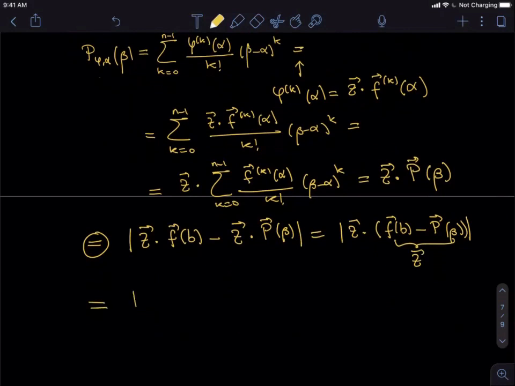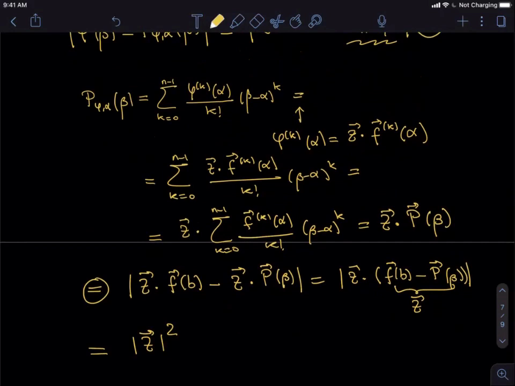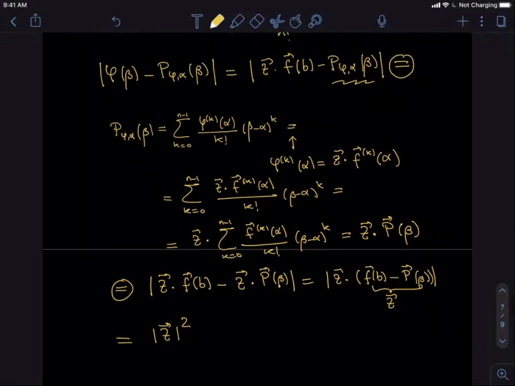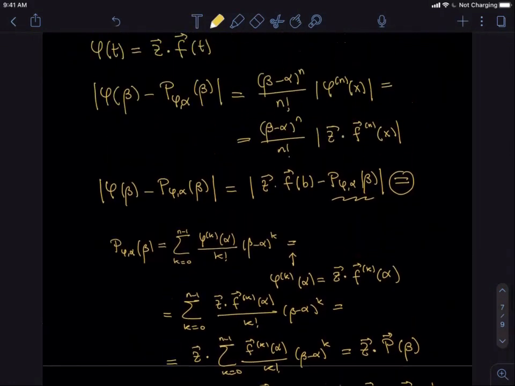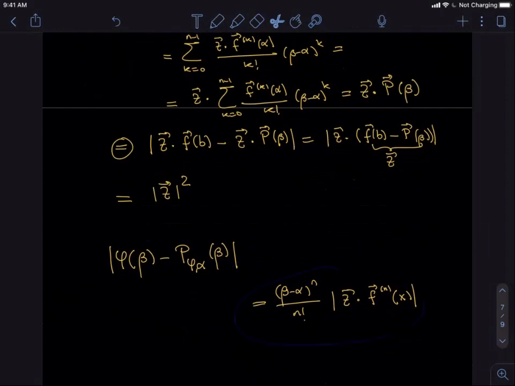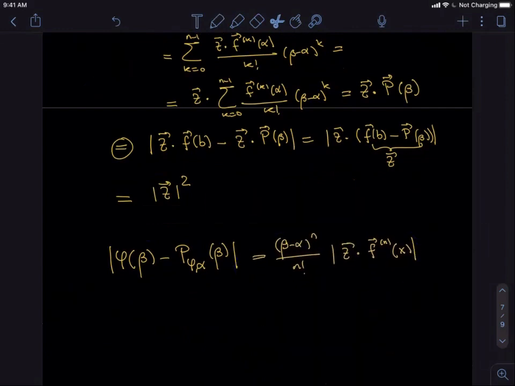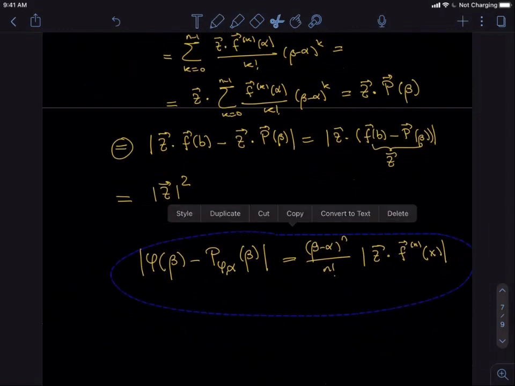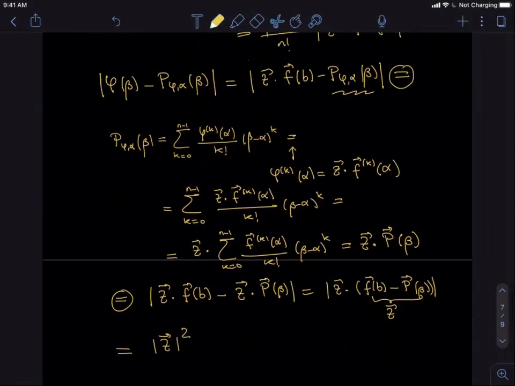So what I have here is the modulus of z squared. This is very much the same as what we were doing for the mean value theorem. So let's recollect what we have. Well, actually, I only need these two pieces. So we have already proved this, and we have just shown that the left-hand side equals z squared.